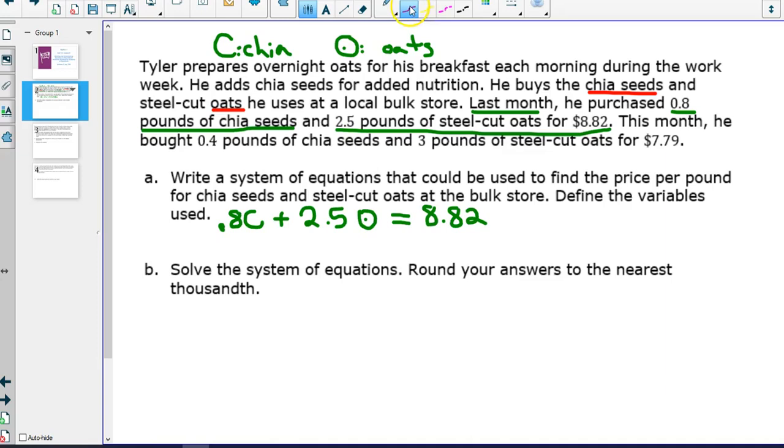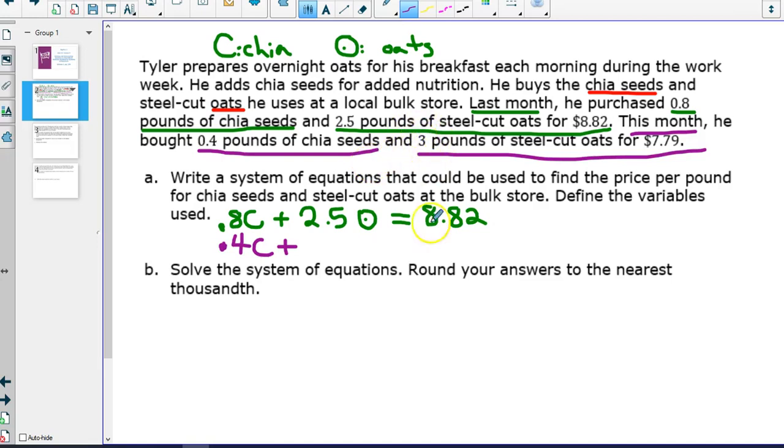Now let's look at the next sentence because he bought oats and the chia seeds twice. So in the second month, this is the separate time he goes to the store. He bought 0.4 pounds of chia seeds and 3 pounds of oats for $7.79. Okay, so let's look at our first part here. We have 0.4 pounds of chia seeds. So we have 0.4 pounds of our chia seeds.